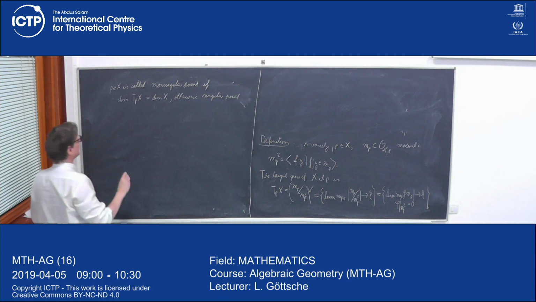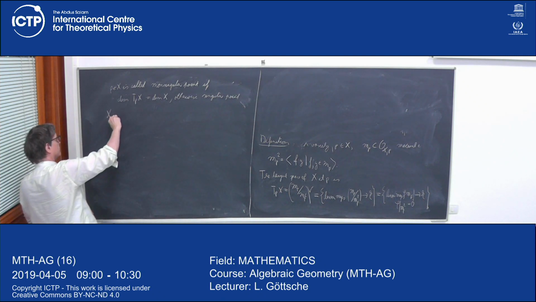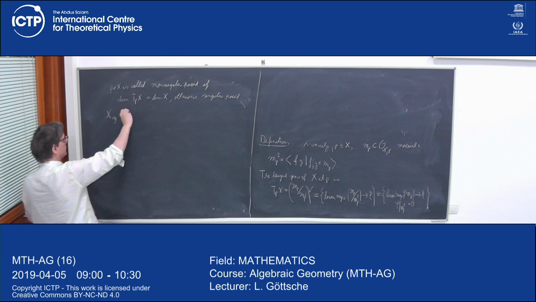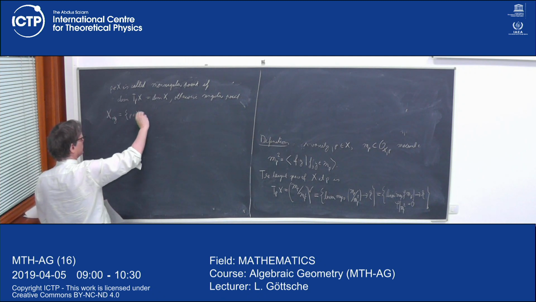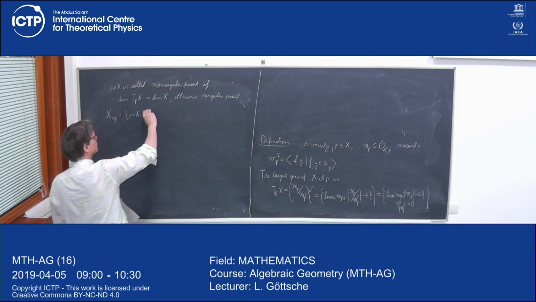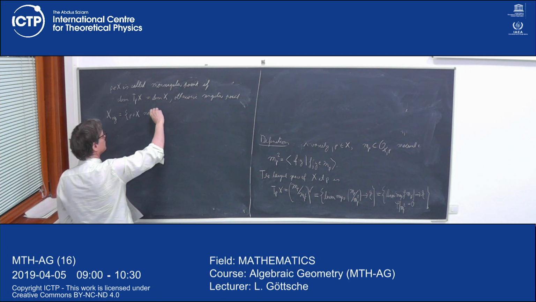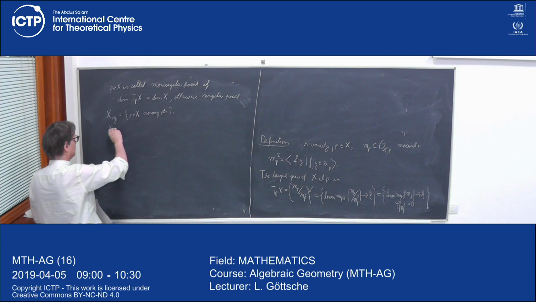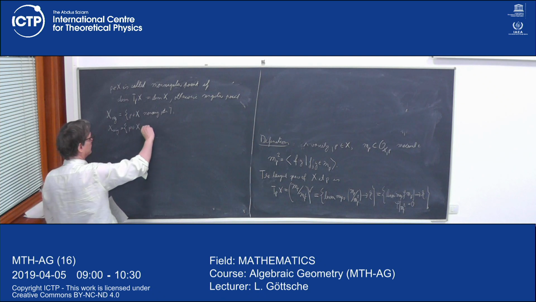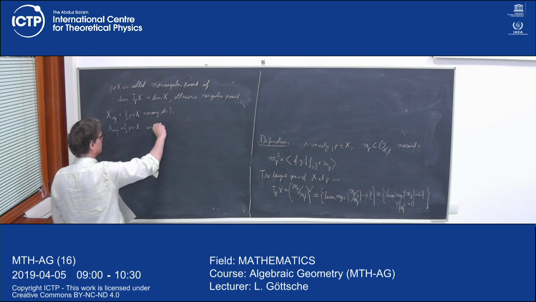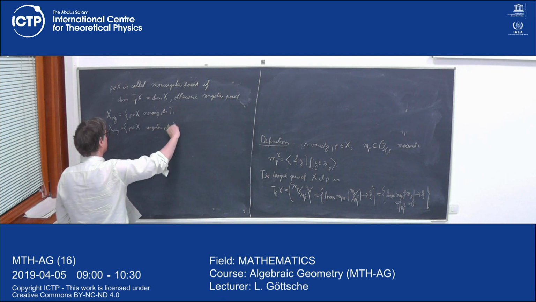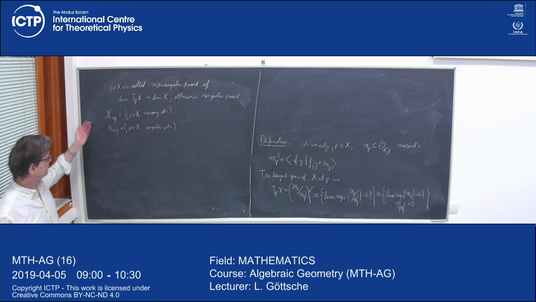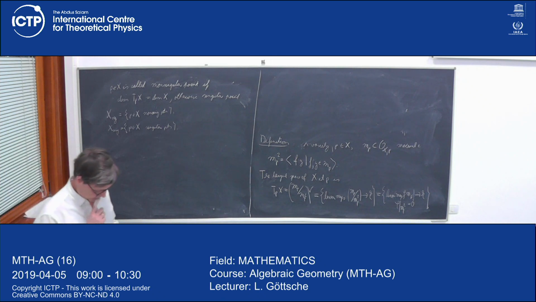And as before, we have X_reg, the set of all non-singular points, and X_sing, the set of all singular points. And as before, X is called non-singular if it is equal to its set of non-singular points.